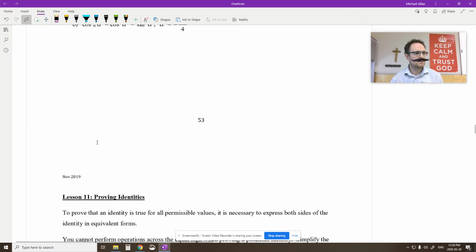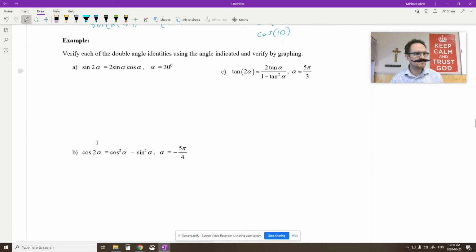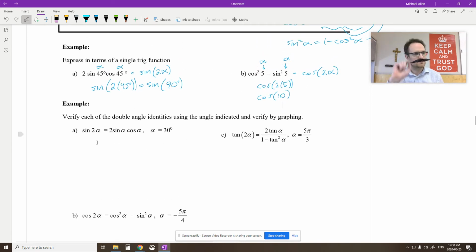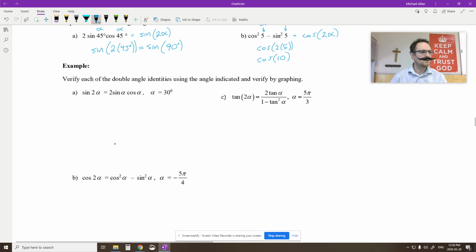Okay. So we're just going to verify these. We don't have to prove them because we kind of proved it up there to show where they came from, but we can verify them as well. We could show that if I put in sine, and I use my alpha as 30, 2 alpha is going to be 60. I just want to show that these two sides are the same thing.